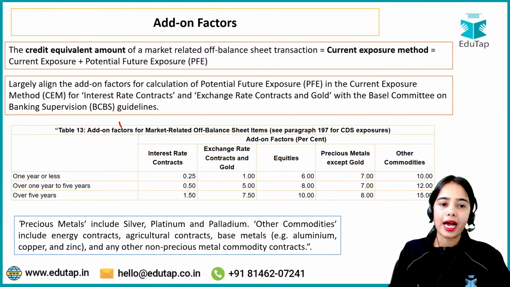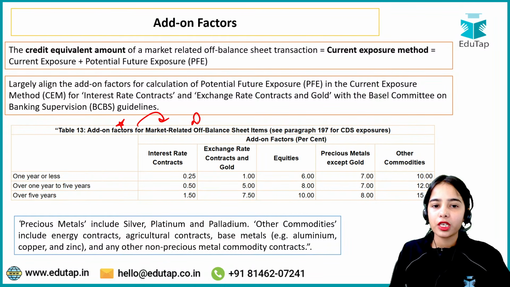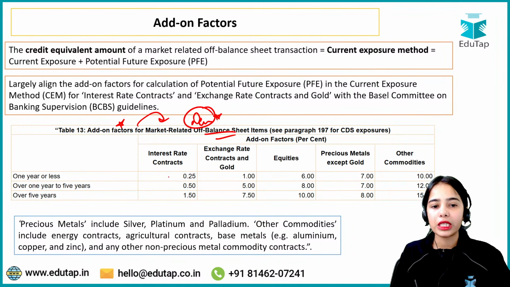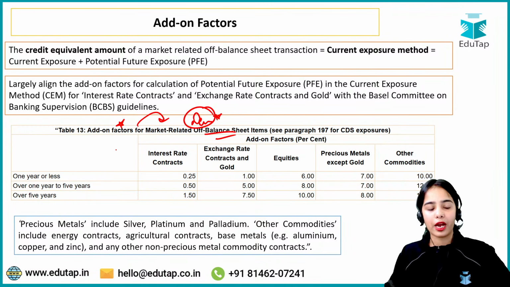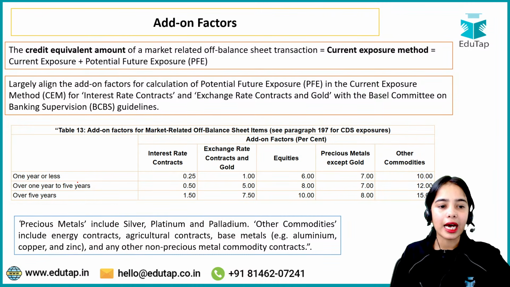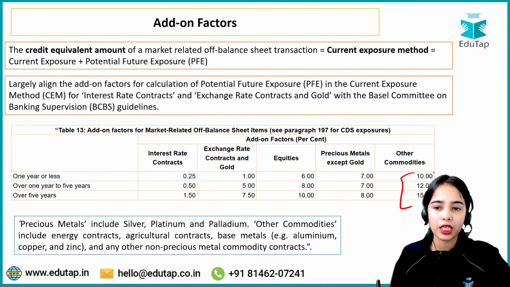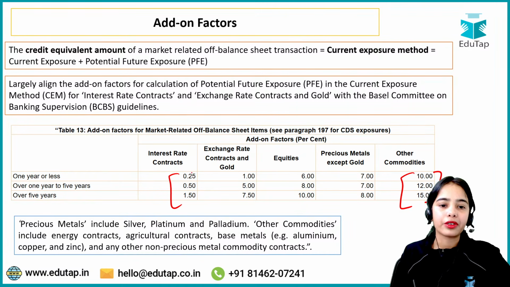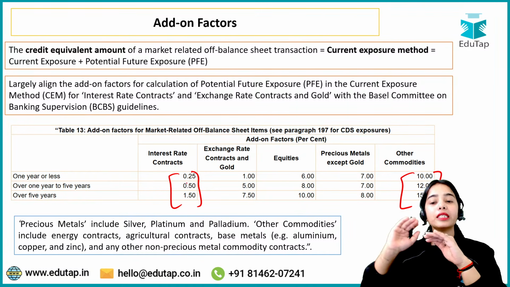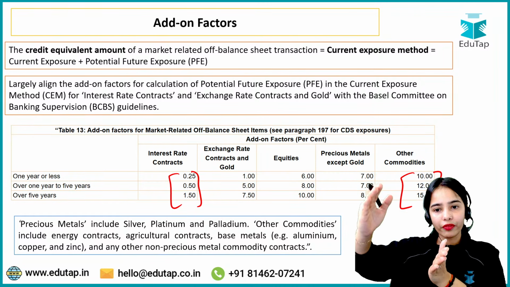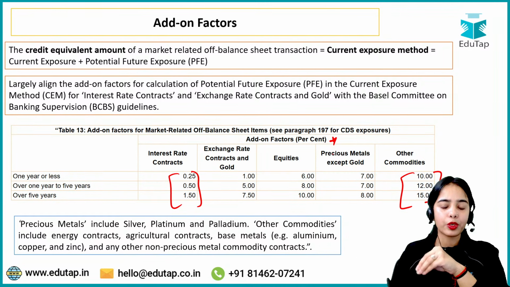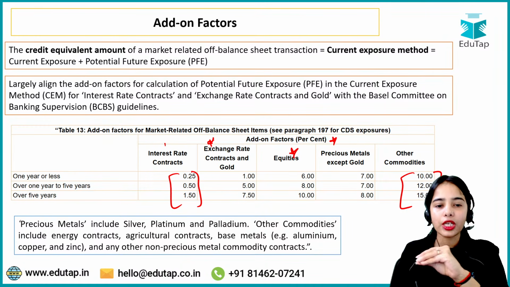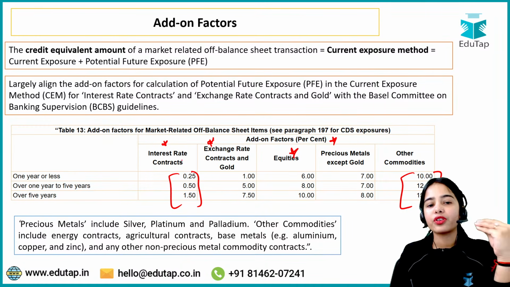So these are the add-on factors for the derivatives, the market related off balance sheet items. You can see that the highest add-on factor is for the other commodities, and the lowest add-on factor is for interest rate contracts. So remember, other commodities have the highest add-on factor, then the precious metals except gold, then the equities, then the exchange rate contracts and gold, and the least add-on factor is for the interest rate contracts.